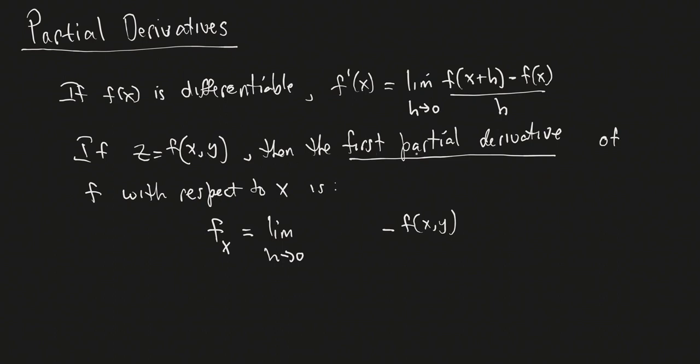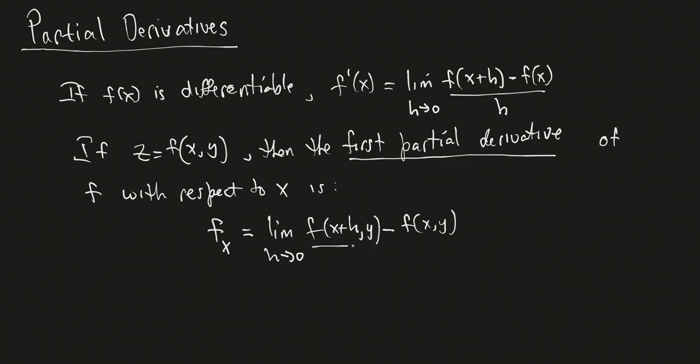But if we specify that we're computing the partial derivative with respect to x, so this phrase is going to become even more important now that we're working with lots of variables. So if we're specifying that we're differentiating with respect to x, I will replace x with x plus h, and then I won't do anything with y. So this first term in this difference quotient in the numerator becomes f of x plus h comma y.